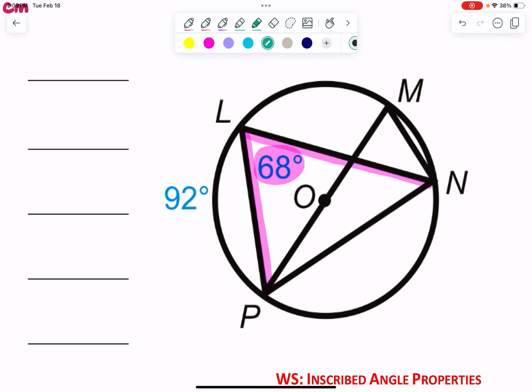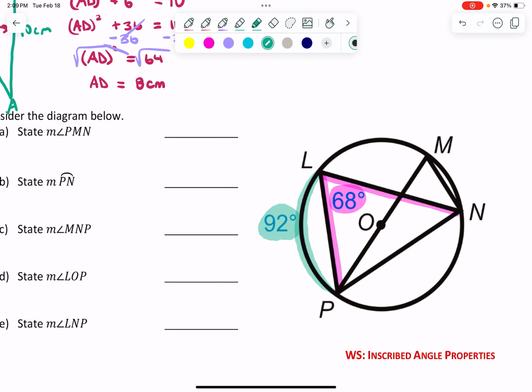I also have this arc, which measures 92 degrees. It's a minor arc because it's between 0 and 180, but I just wanted to point out where those numbers are associated.